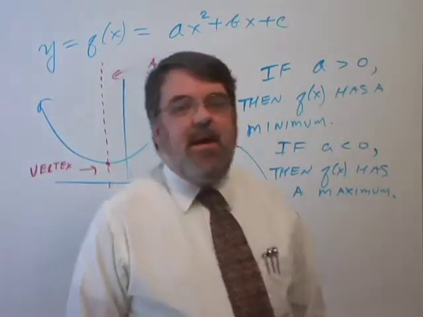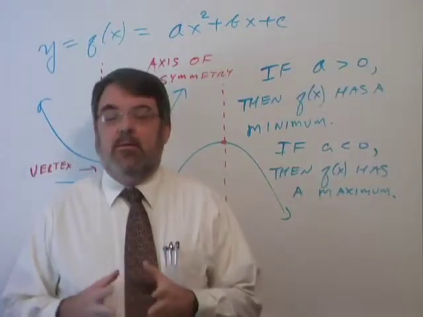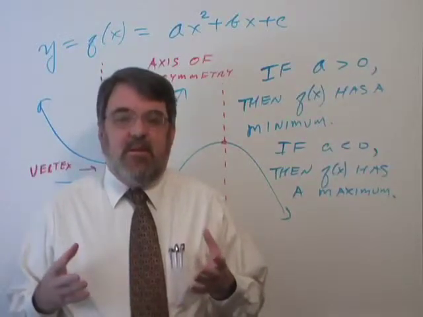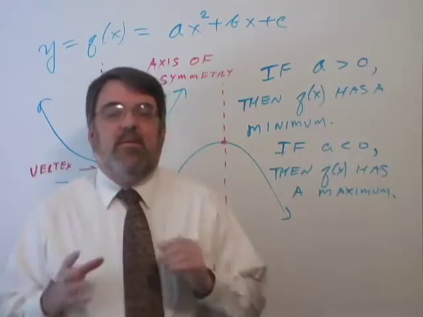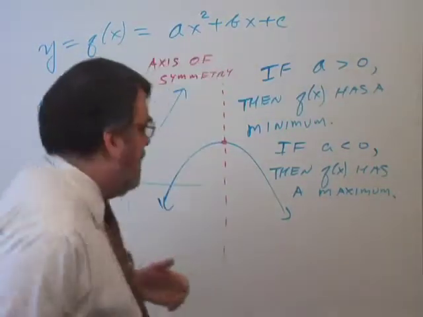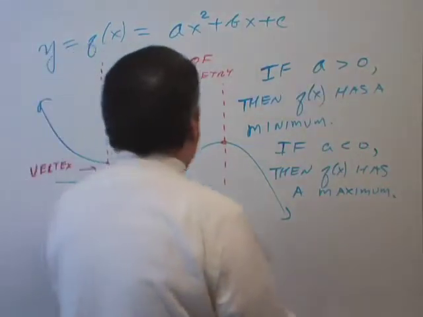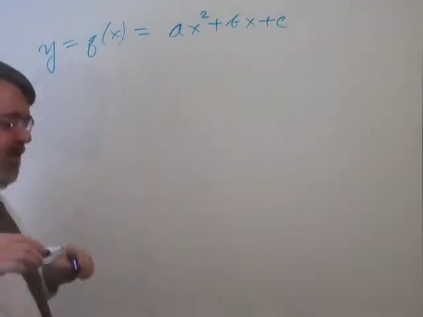Your textbook has a method using completing the square in order to find the vertex. And what they're doing is it's a technique by which you take the function and you massage it in a certain way so that it fits a format. And so, for example, here's what I mean.